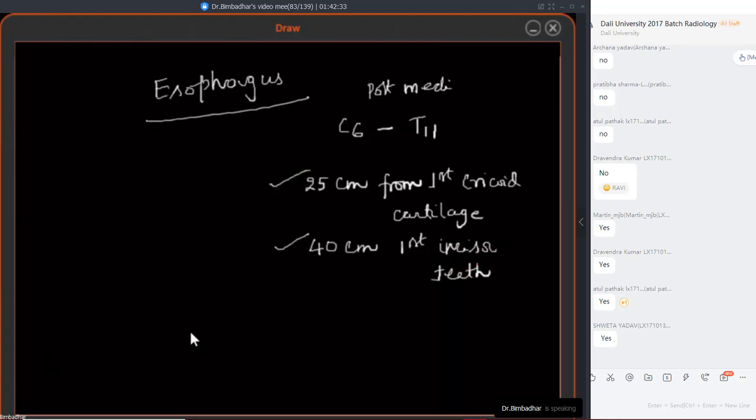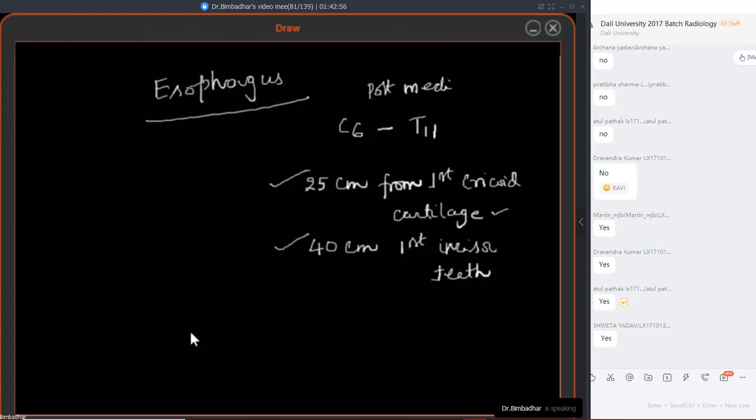So there is a difference. How much is the difference between 40 and 25? 15 centimeters, right? So the extra 15 centimeters is the oropharynx along with the nasopharynx, coming down to the level of the first cricoid cartilage.